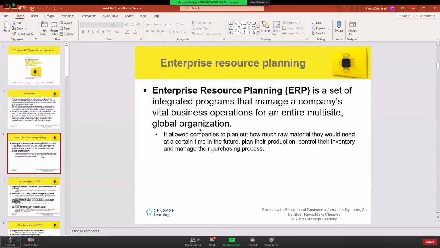Take Extra, where people can do online shopping. So how many types of products are there? How many categories? There are hundreds and thousands of products, right? People are buying on a daily basis, so you need to keep the record of that.